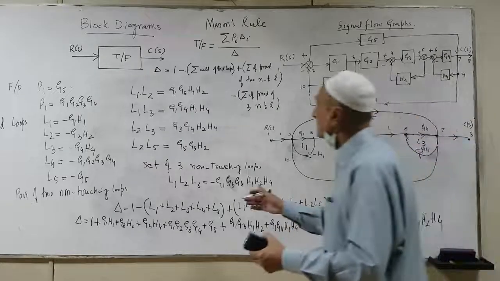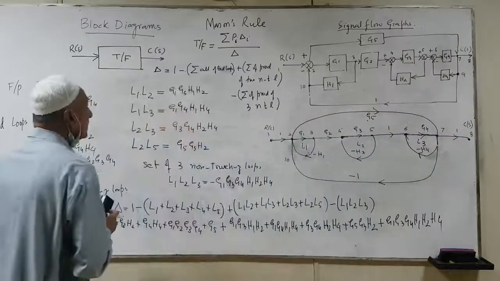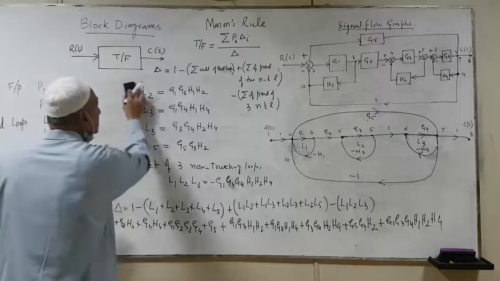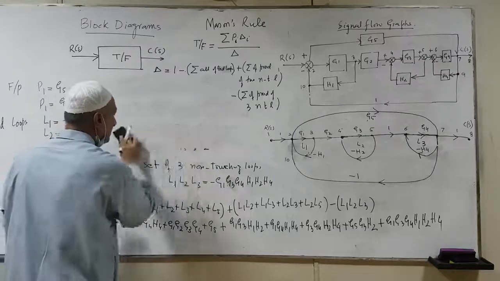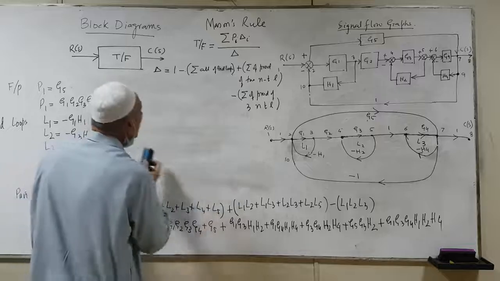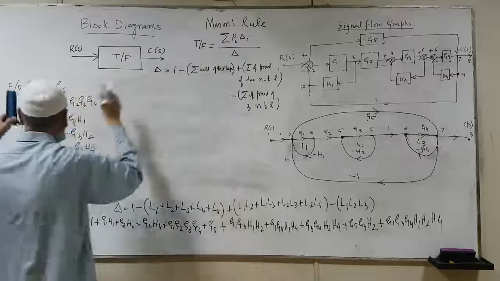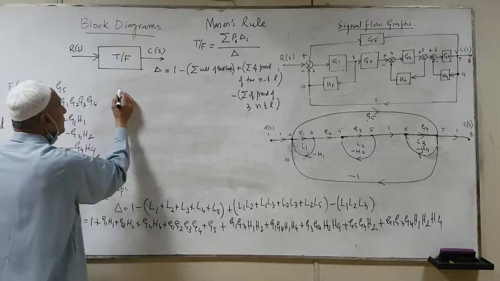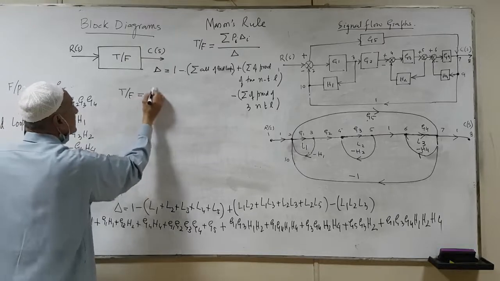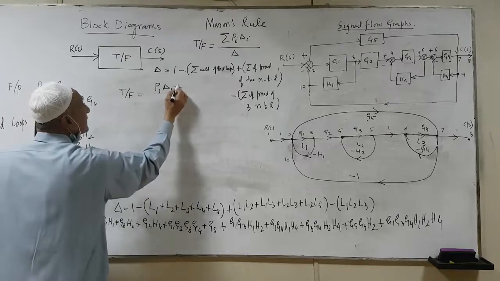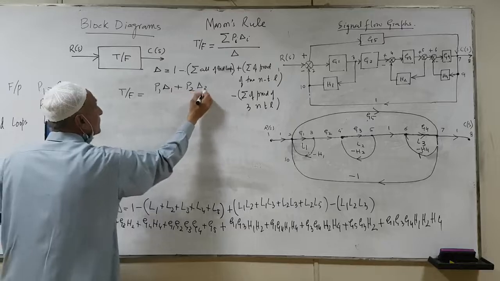So this completes delta. Now, in this particular numerical problem, we can define the transfer function as such: P1 delta 1 plus P2 delta 2, there are only two forward paths.